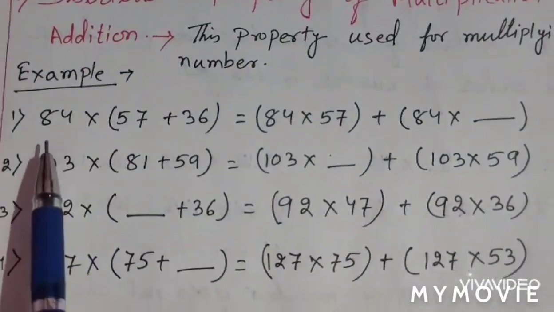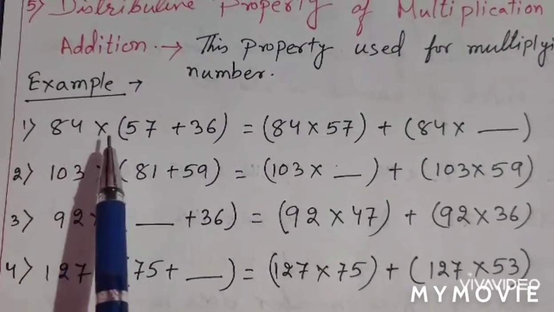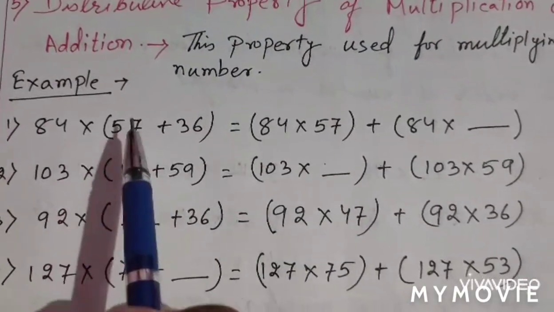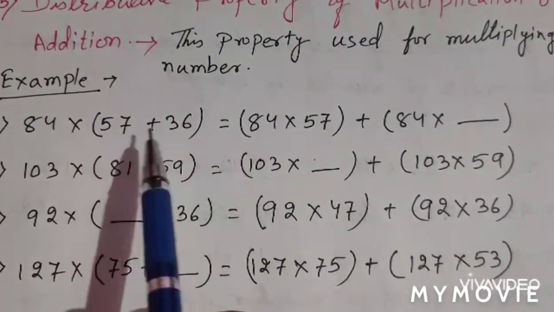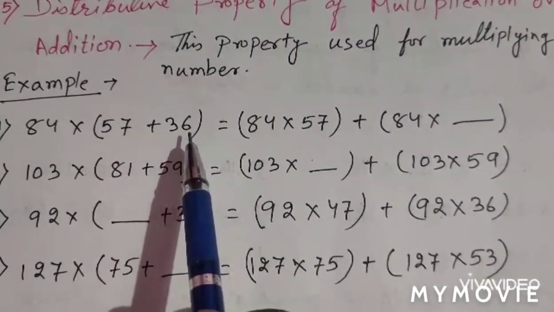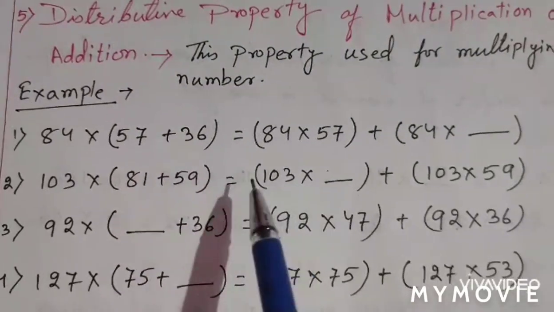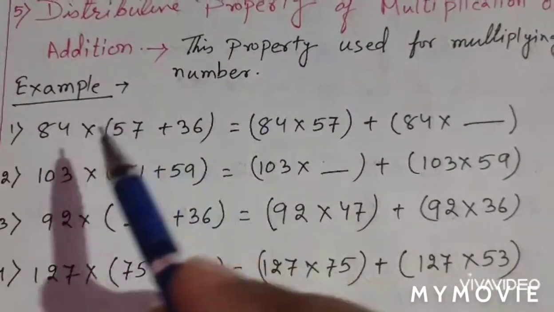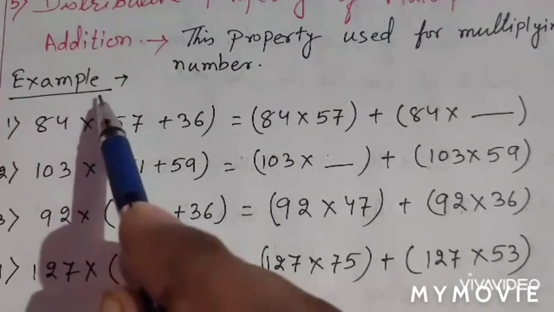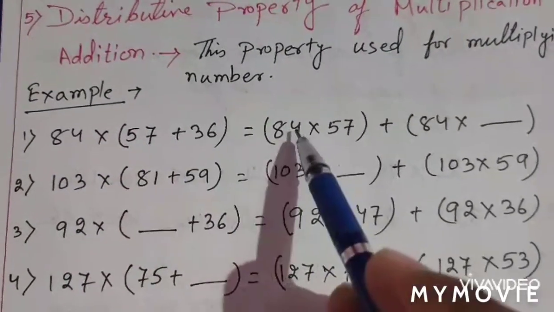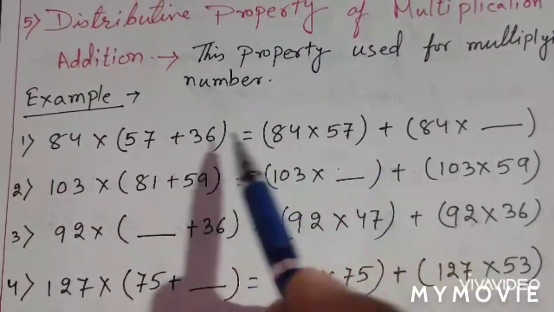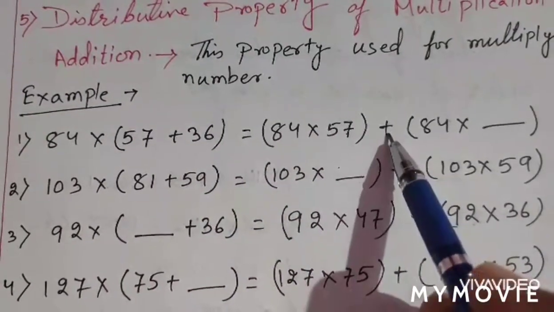Just see, 84 into, within the group is given 57 plus 36. So according to the distributive property, we have to distribute 84. First we multiply with 57. I have written 84 into 57. The plus sign is given, I have written the plus sign.